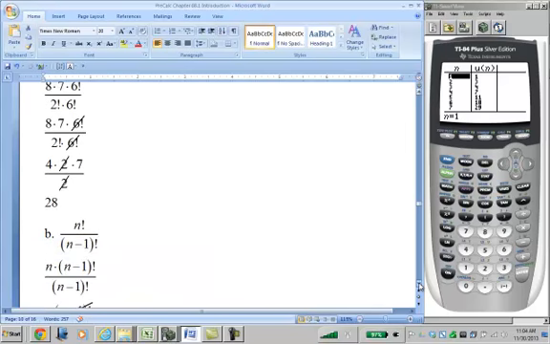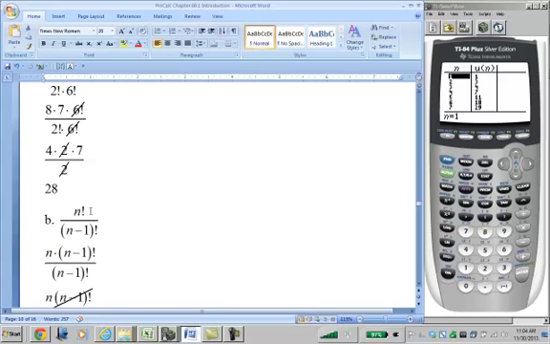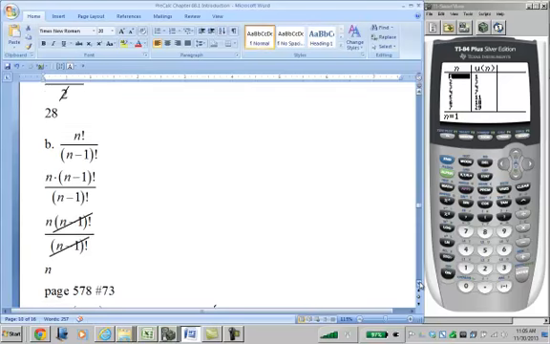Now you can do the same thing symbolically. We got n factorial over n minus 1 factorial. Well, n factorial equals n times n minus 1 times n minus 2 times n minus 3, blah, blah, blah. But we don't have to worry about all those. We got n times n minus 1 factorial. That equals n factorial. So we got n times n minus 1 factorial over n minus 1 factorial. The n minus 1 factorials cancel out, and we're left with n.